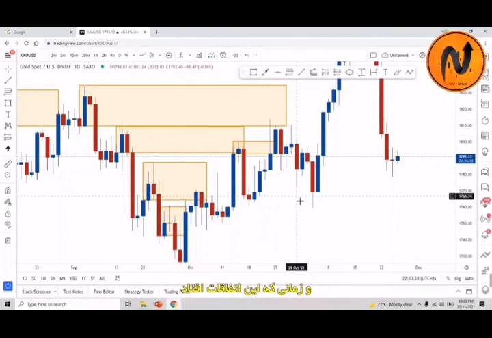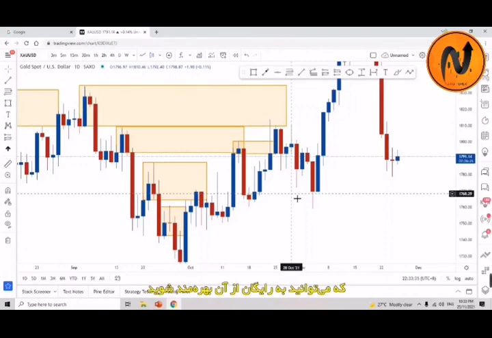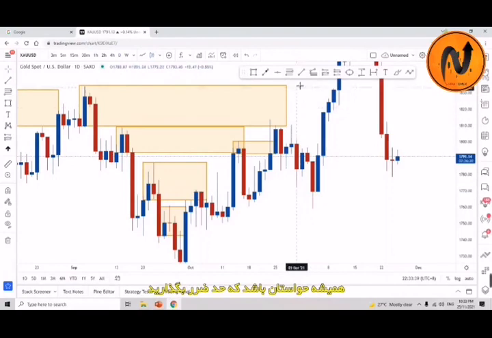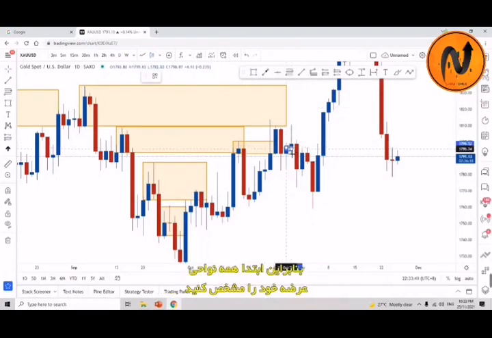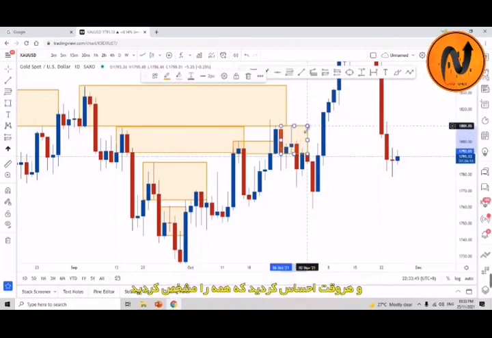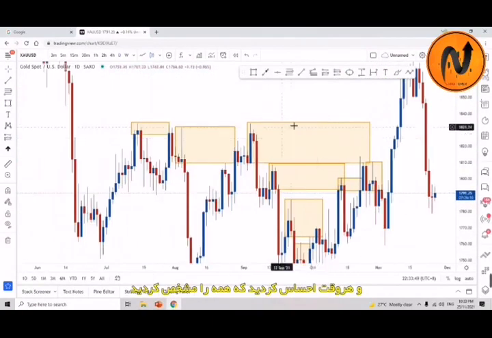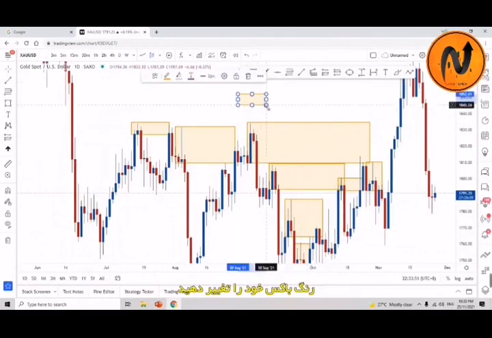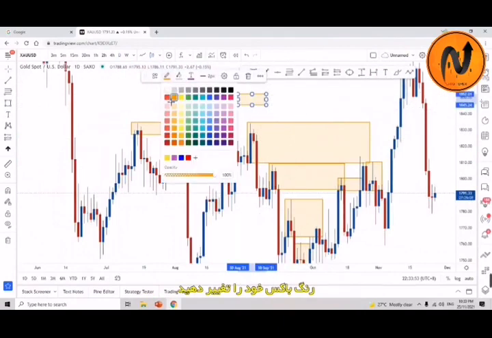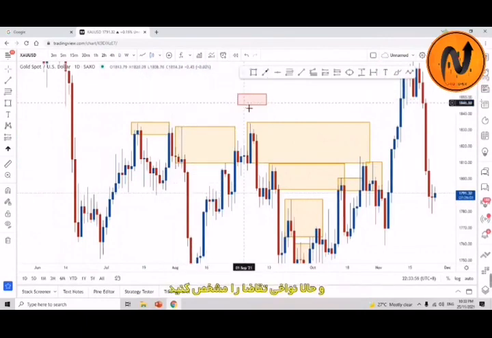So when this happens, you must always have a friend, and you can use this friend for free. That is called a stop loss. Always remember to place your stop loss. So you define all your zones, all your supply zones. Then once you feel satisfied, you change the color of the box to another color, maybe red.